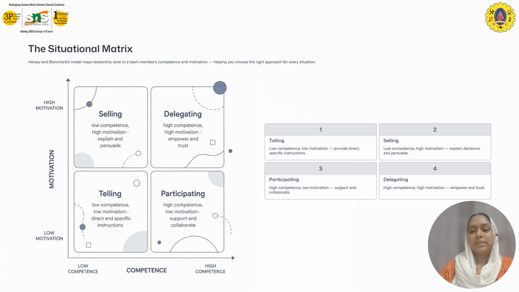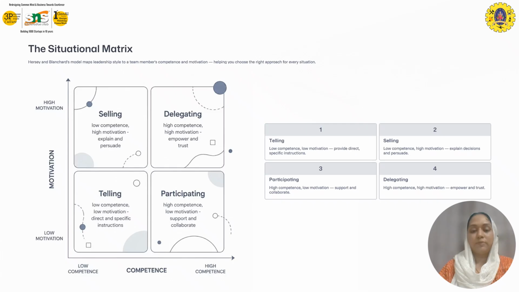The delegate is highly competent and highly informed, which empowers and builds trust. Why, what, how, all of this comes together, and slowly you delegate the work: this work can be done by you, and this cannot be done by others.